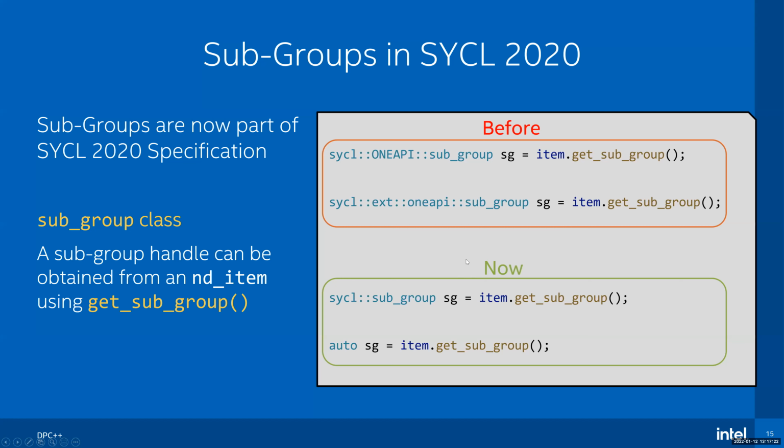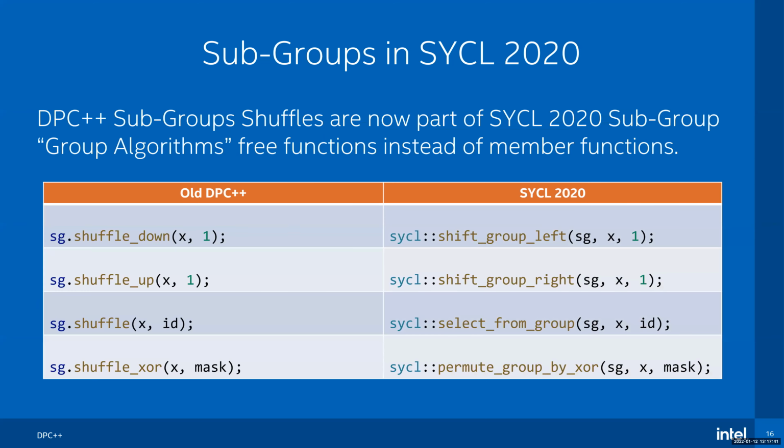Now, since this is in the SYCL standard, you would get the subgroup handle by directly using sycl::subgroup. Or you can just say auto, and that's another way to get the subgroup handle.